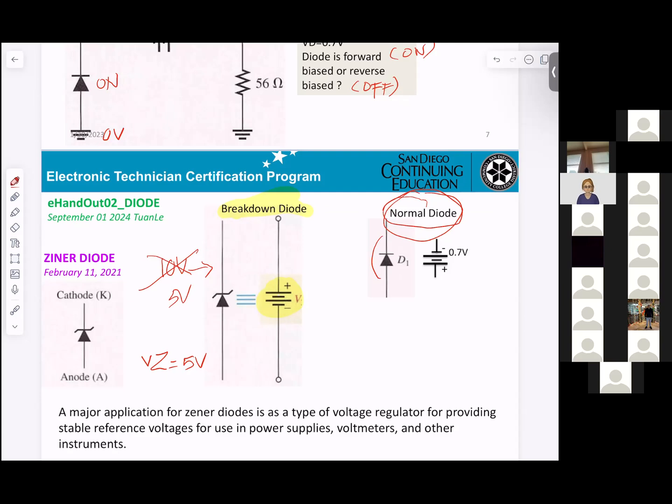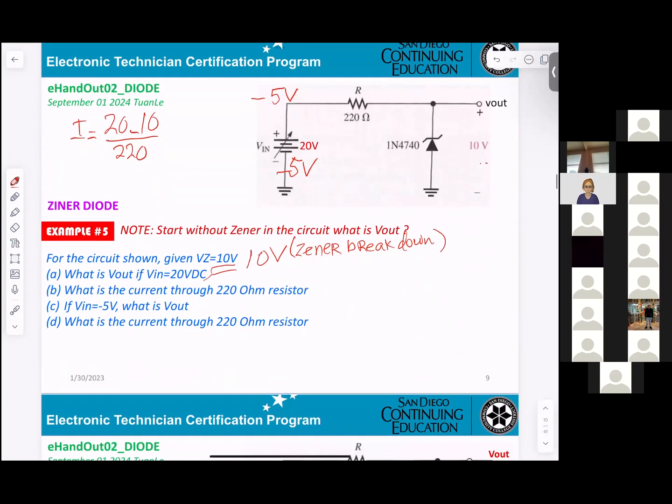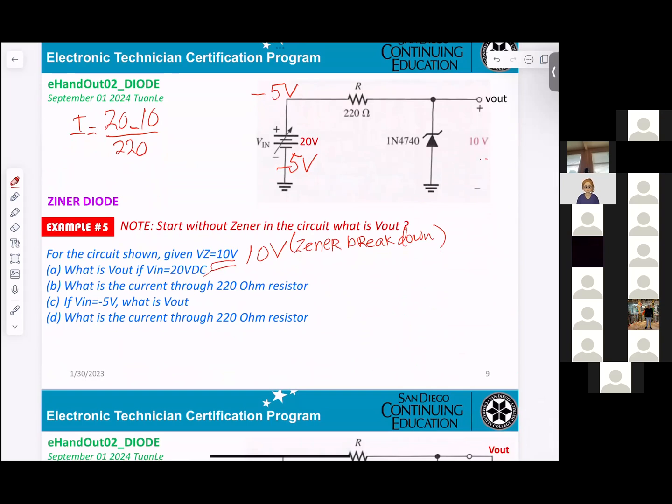That means it's like a battery, this side positive, this side negative, with value 0.7. So now I substitute the battery by minus 5. What is Vout?